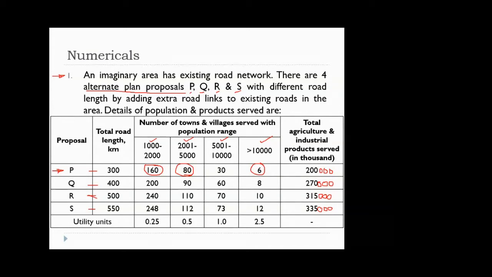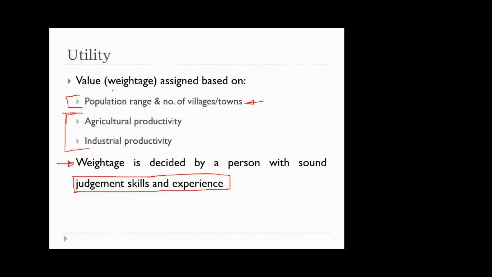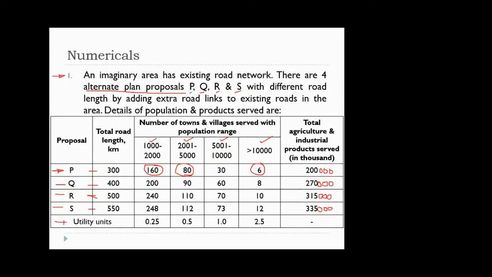This is 3,15,000 units and so on. So this is the data, and this is given for each proposal PQRS. And at the end, they have given the utility units. This utility unit is nothing but the weightage or the value that we were discussing in the last slide.